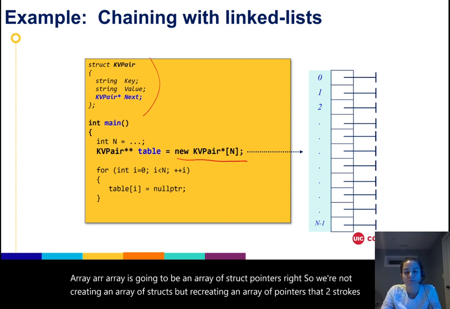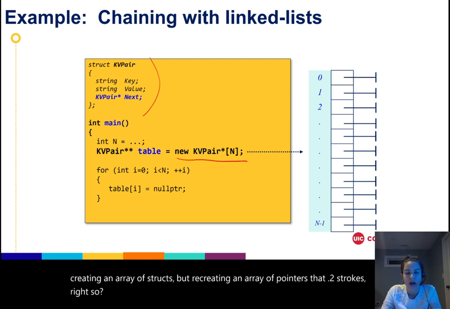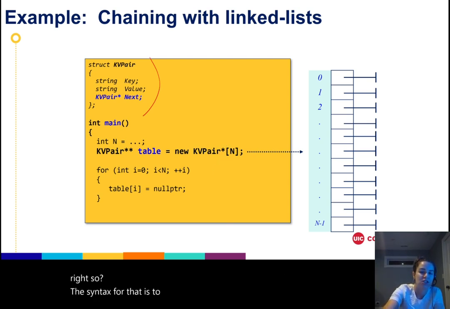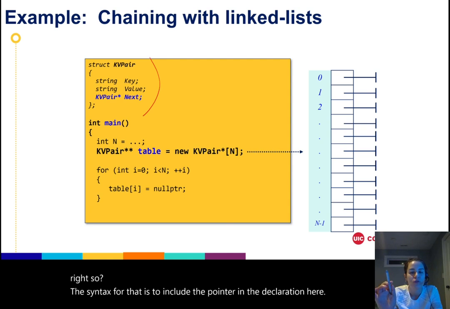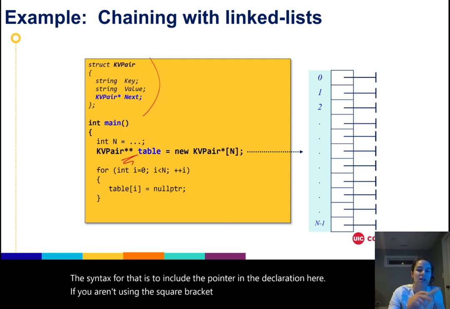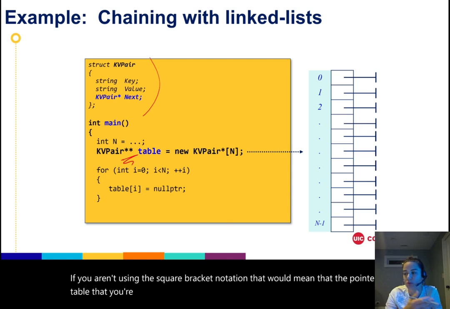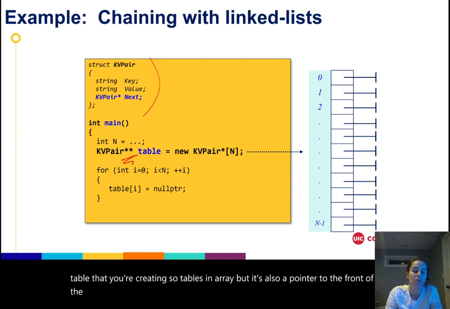The syntax for that is to include the pointer in the declaration here. If you aren't using the square bracket notation, that would mean that the pointer table that you're creating, so table, is an array, but it's also a pointer to the front of the array.